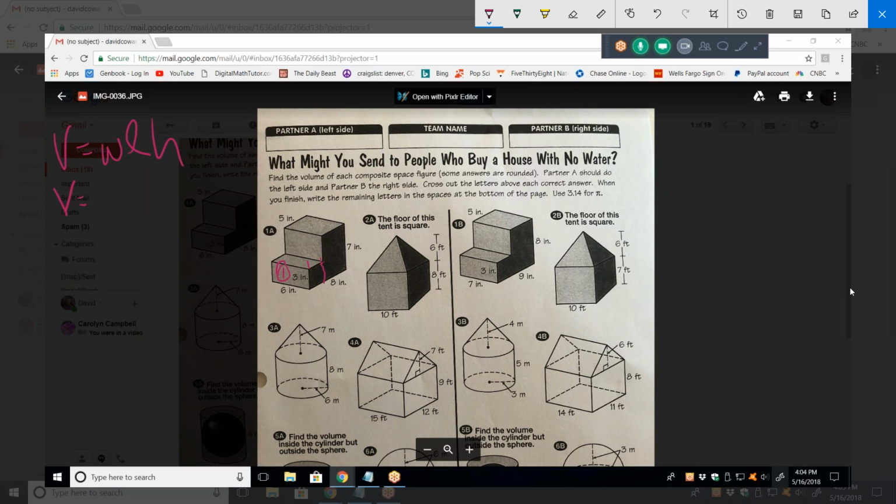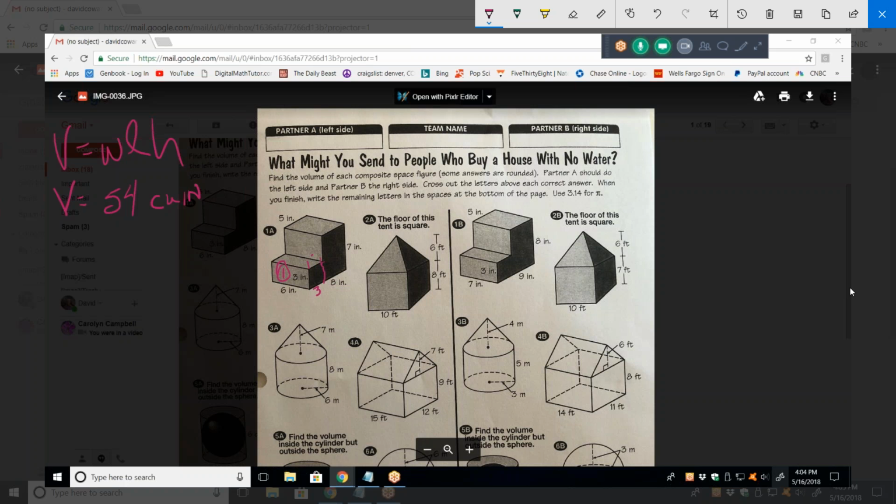Okay, so we have to do that first. Just come up with that 3. And now, what is it? 54, right? And that's 54 cubic inches, or 54 inches cubed, either one.